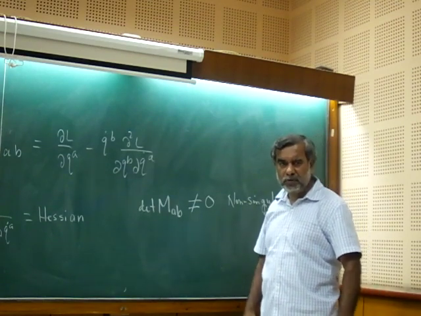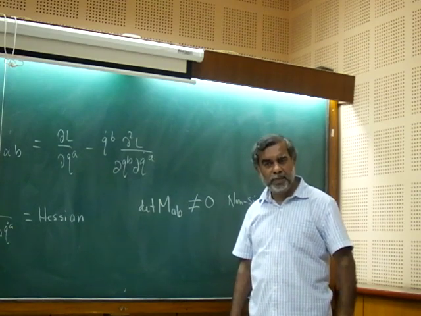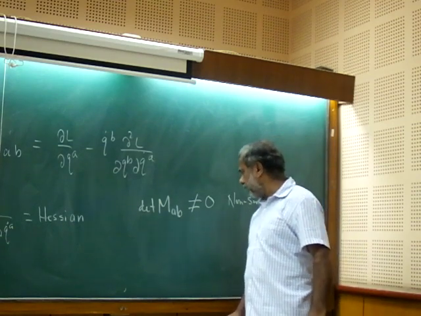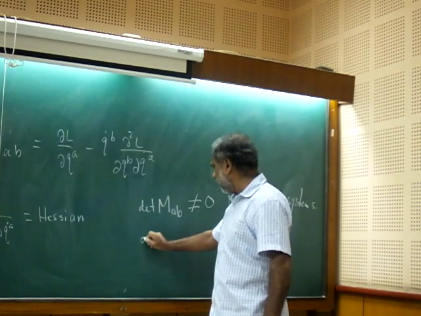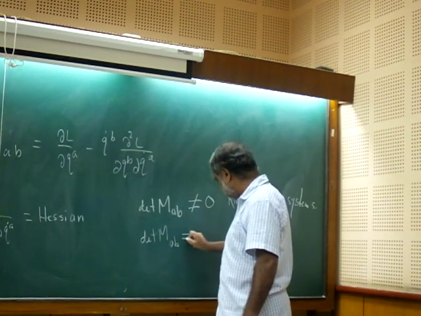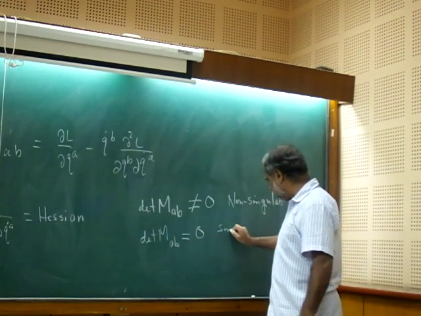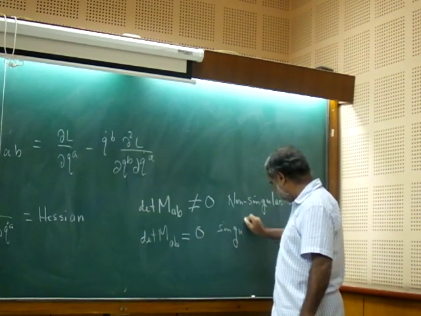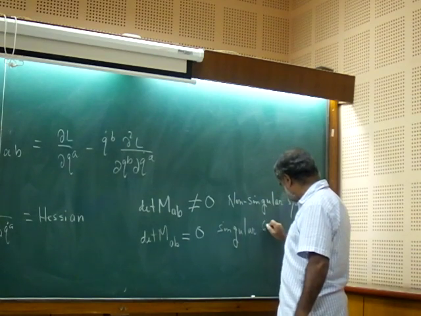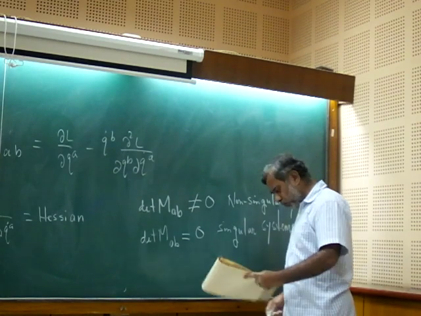The free systems, the non-relativistic free particle and so on, where you can find all the dynamical evolutions. On the other hand, the much more interesting case is this. This is 0, and these are called the singular systems.